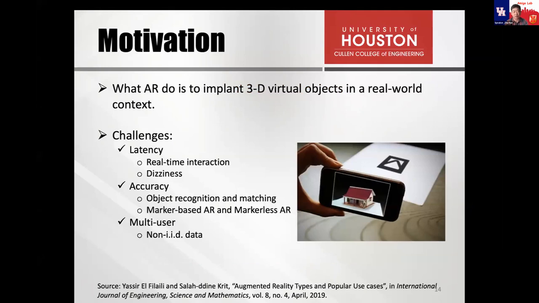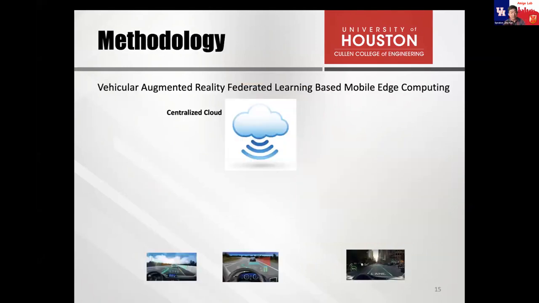Later we will show you the vehicle case. So here at the bottom, you have different users, and they may have different requirements for augmented reality, for example lane changing and passing or some other activity. And then we have this edge server.